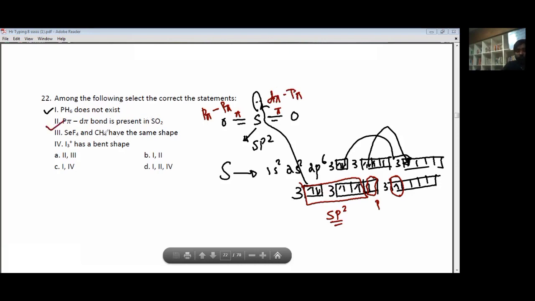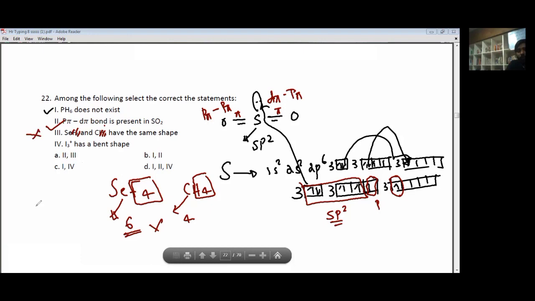The next is SeH4 and CH4 have the same shape. Here fluorine and hydrogen effects are the same, because in the bonding concept halogen and hydrogen have a similar effect. Selenium offers a valence electron count of 6, whereas carbon offers 4. So this is not equal, and they do not have the same shape.